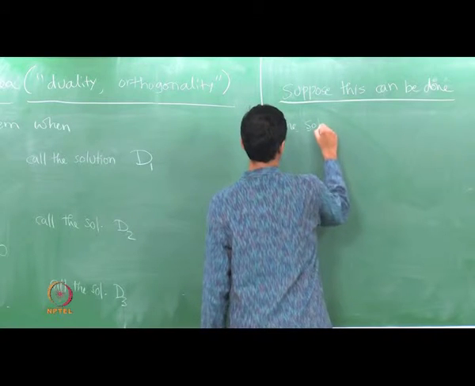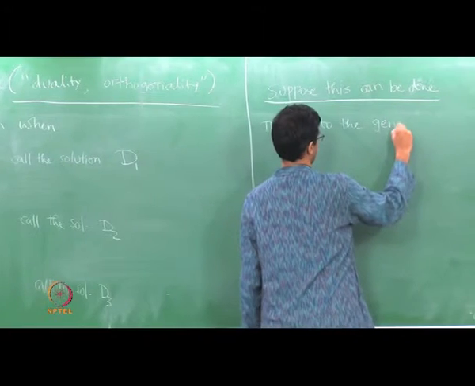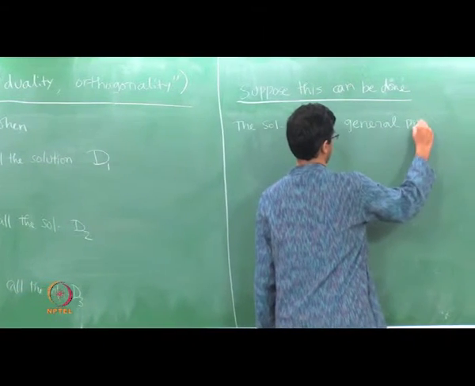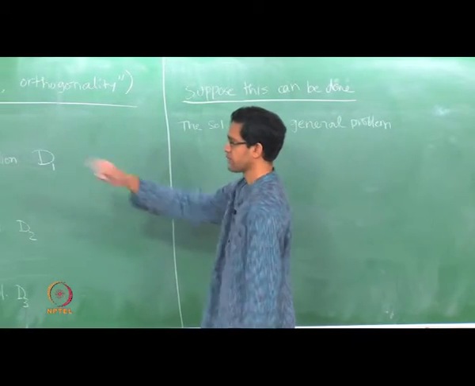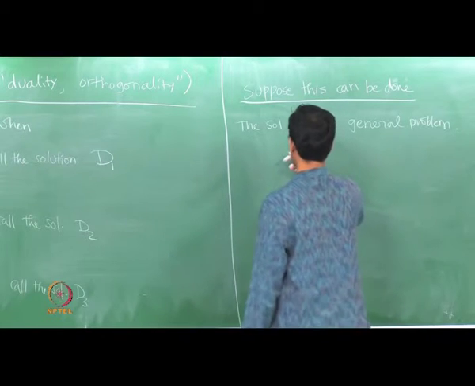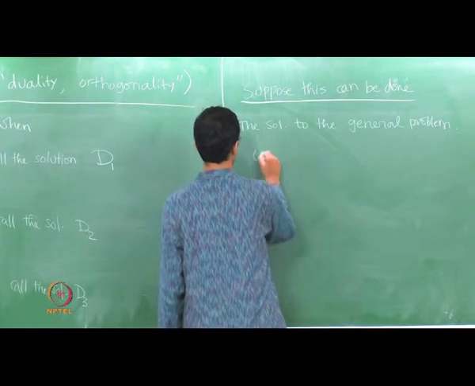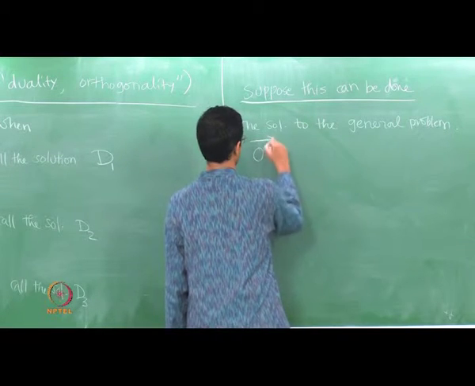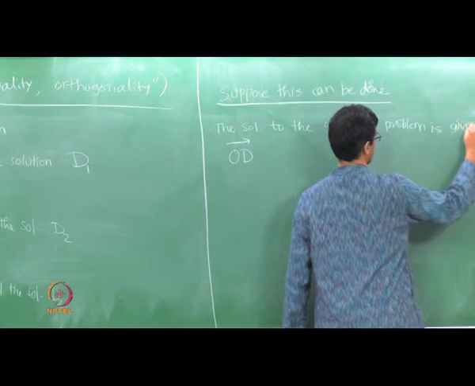The solution to the general problem, by which I mean the original problem with the 3 given real numbers A, B and C. How do you solve the original problem if you know these 3 solutions is the following.